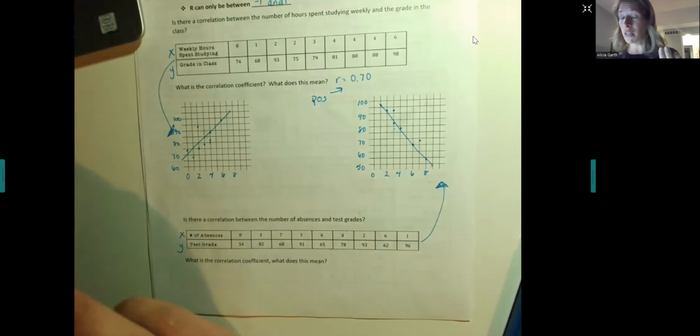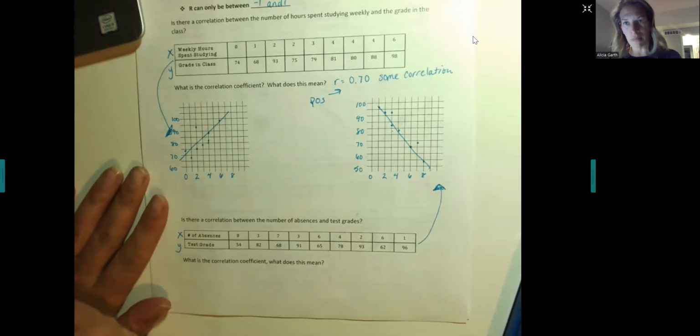So it's not strongly correlated, but it's not bad. I'd say there's some correlation. The closer to 1 you get, the more there's correlation. The closer to 0 you get, the more there is no correlation at all. So there's some correlation. It's not strong, but it's not bad.